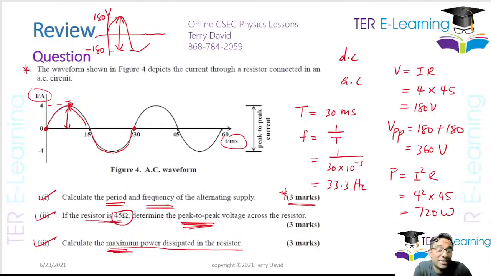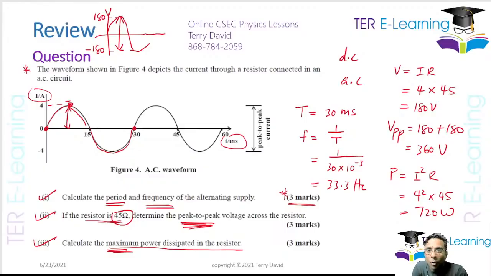So these are the kinds of questions it could give you when it comes to AC. P is equal to I squared R. Anytime in physics they ask you for power dissipated, you need to use I squared R. You could use P equals IV, right?